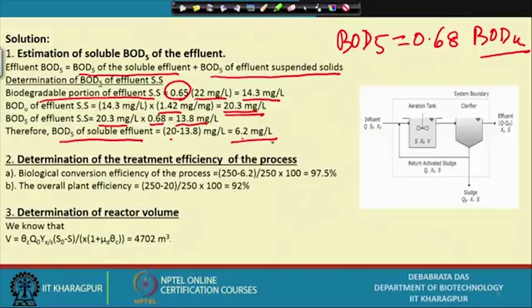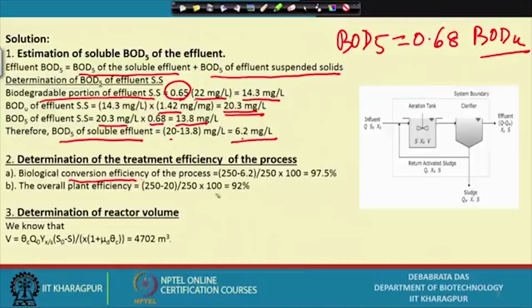Now, when you talk about the process design of any kind of biological process or chemical process, the first parameter we shall have to determine is the conversion efficiency of the process. Now, here we have two types of conversion efficiency. One is overall plant efficiency and the other is the biological efficiency of the process. If you look at the biological conversion efficiency of the process, that is based on the BOD of the soluble incoming liquid.